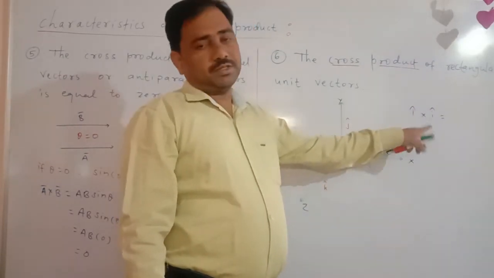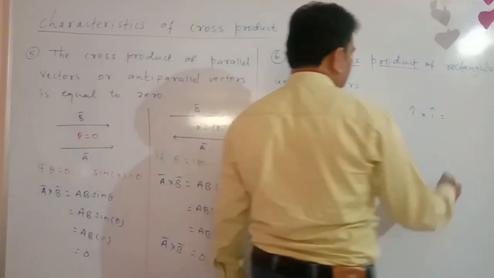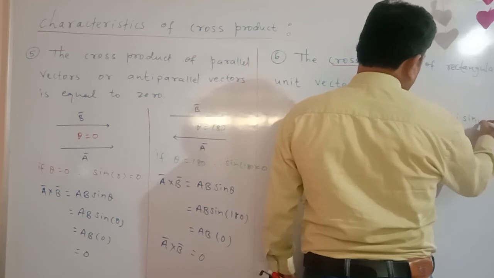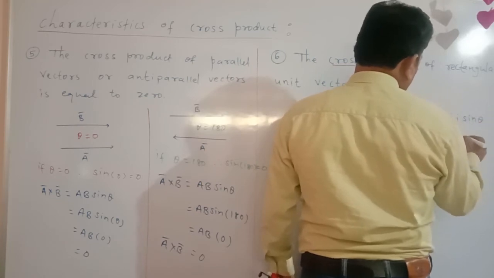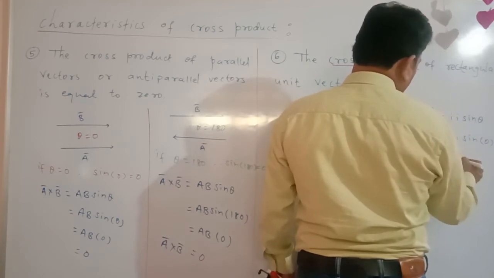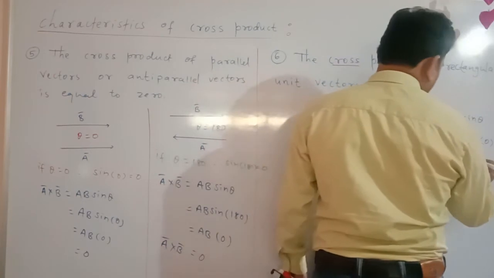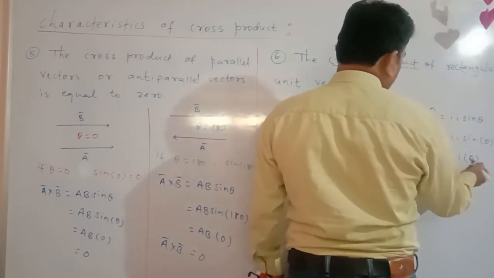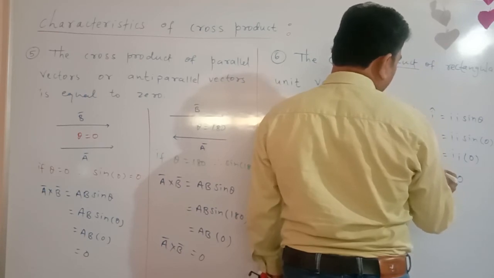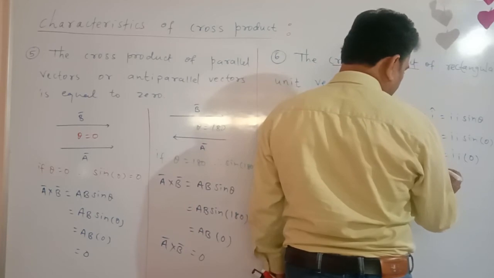Therefore, i cap cross i cap. The cross product will be here i sin theta. And what is sin theta? Sin theta is equal to 0. So i sin 0 is equal to 0. So therefore i cap cross i cap is equal to 0.